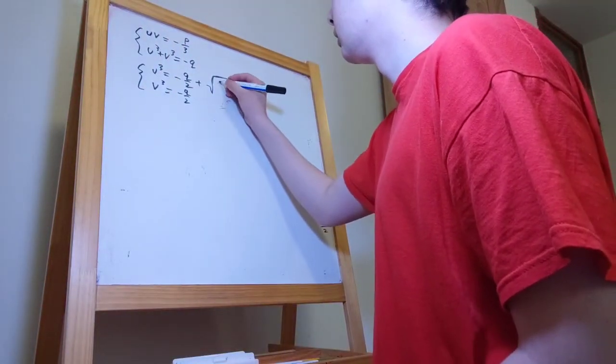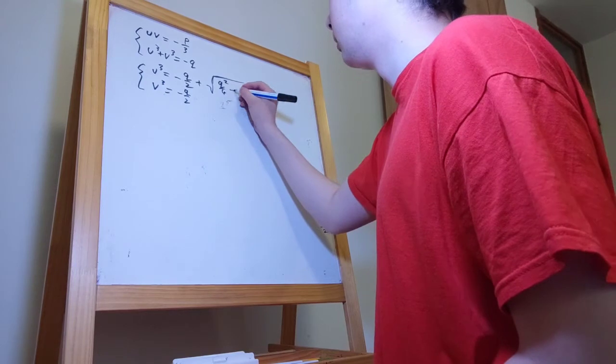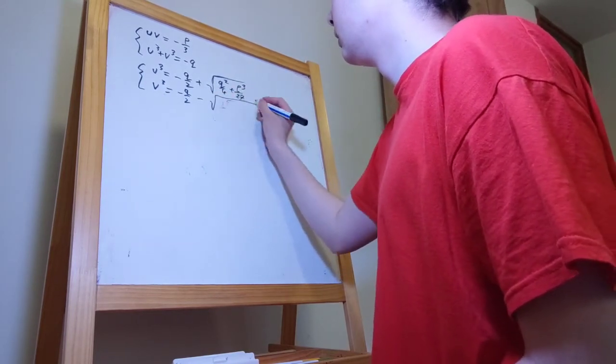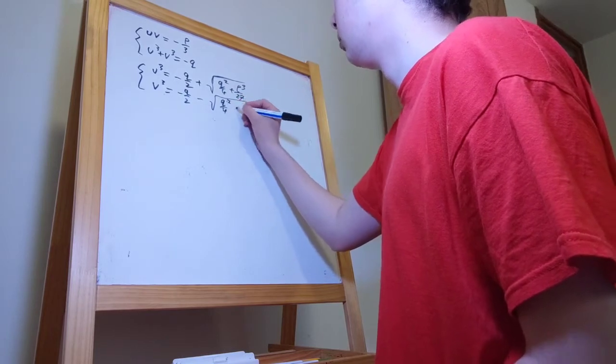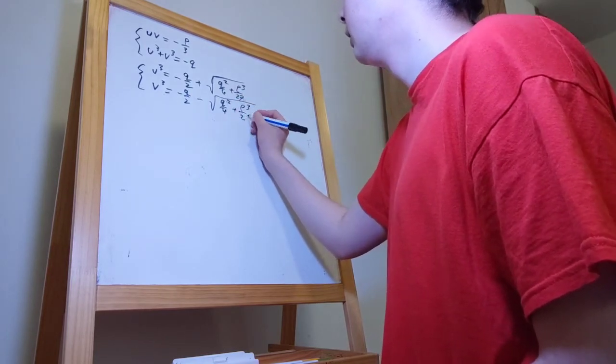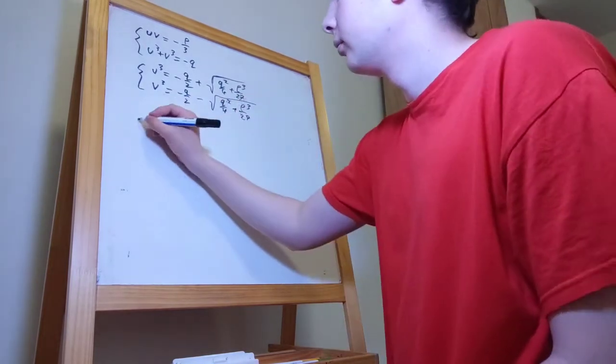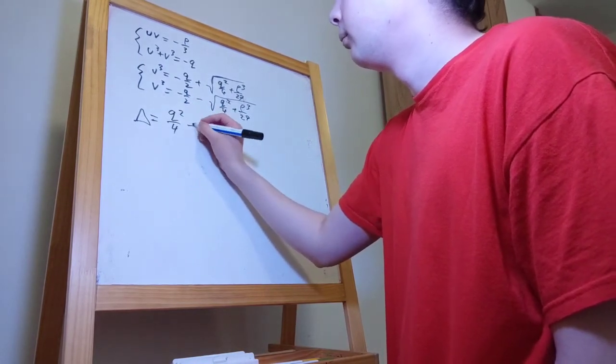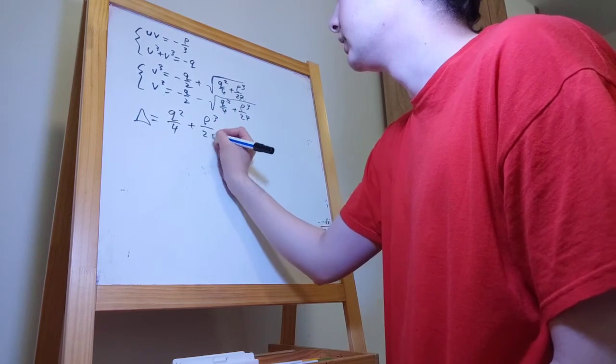Let's call delta the square root of q squared over 4 plus p cubed over 27.